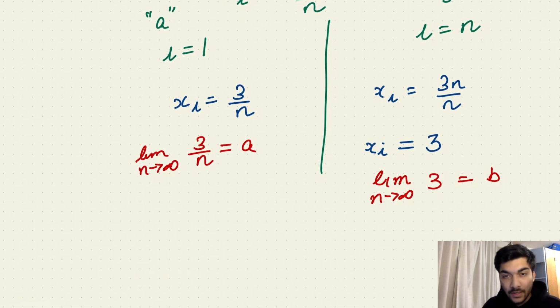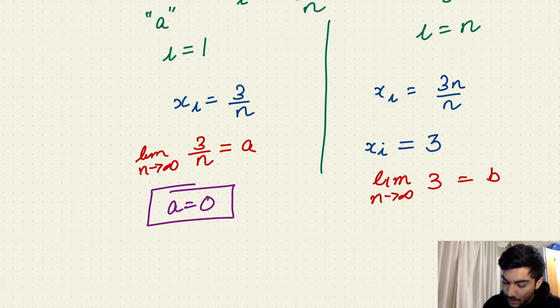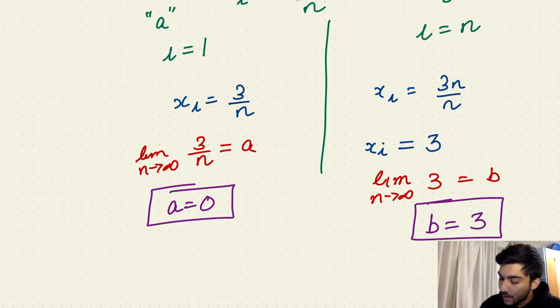Now I can clearly use limits, since 3 by n when n tends to infinity approaches 0, I see my a is equal to 0, and since the limit n tends to infinity of 3, which is a constant, will remain a constant, I'll get my b as 3. So now I've got all the components of my definite integral.